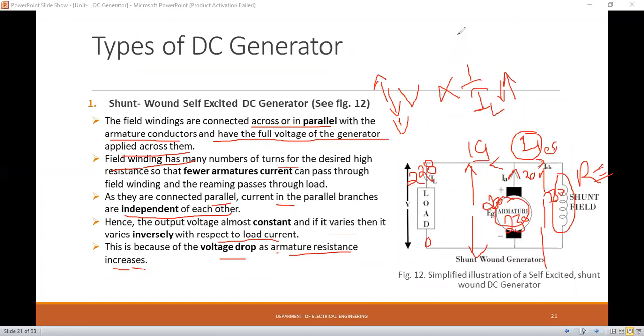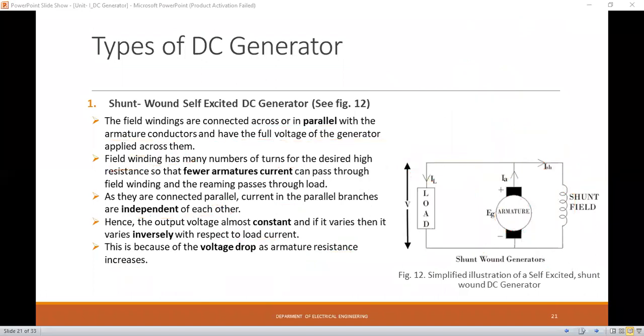Okay, so see, there is a voltage equation in case of DC shunt generator. Voltage equation आपण लिहू शकतो, that is here output voltage is V, the generated EMF is nothing but EG. EG हा generate होणारा EMF आहे. Then ISH is nothing but shunt field current, IL is nothing but load current, and IA is nothing but armature current.